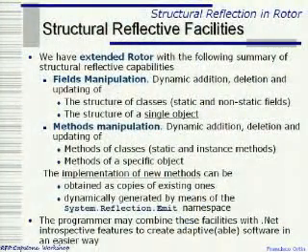So what we've done is extended Rotor with a set of primitives. First classification is field manipulation. We can modify fields of structure of classes at runtime, adding or deleting, modifying the structure of classes, and even we can modify the structure of a single object without modifying the fields of the existing instances at runtime.